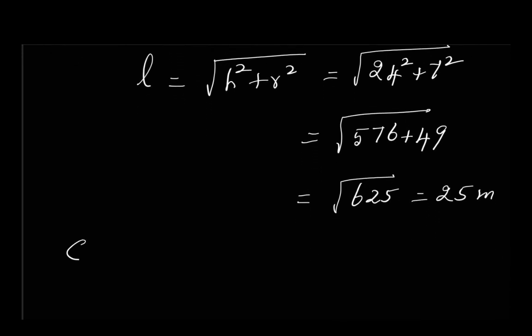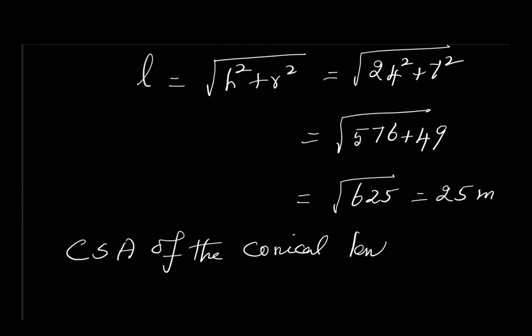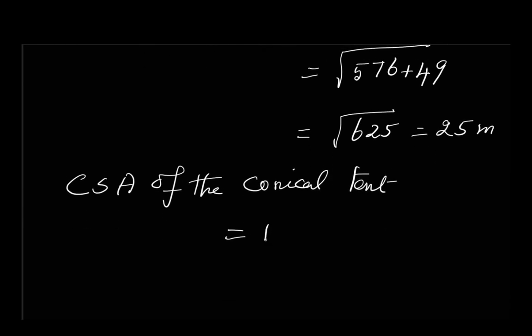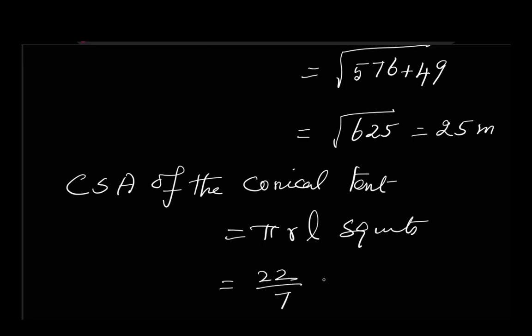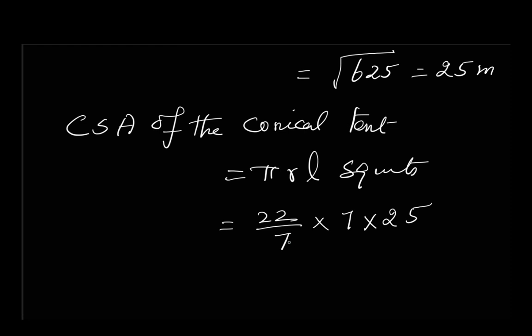Now we need to find the curved surface area of the conical tent. The formula is pi r l square units. So pi is 22 by 7, into r which is 7, into l, which we just got as 25. The 7 cancels, 22 into 25 is 550 meter square.